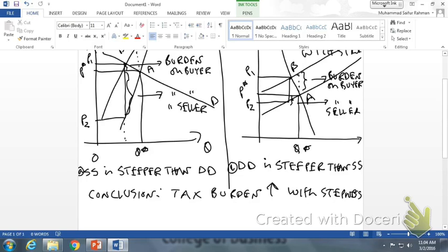The steeper the demand or the supply curve is, the larger the share of the tax burden borne by the buyer or the seller. Okay?